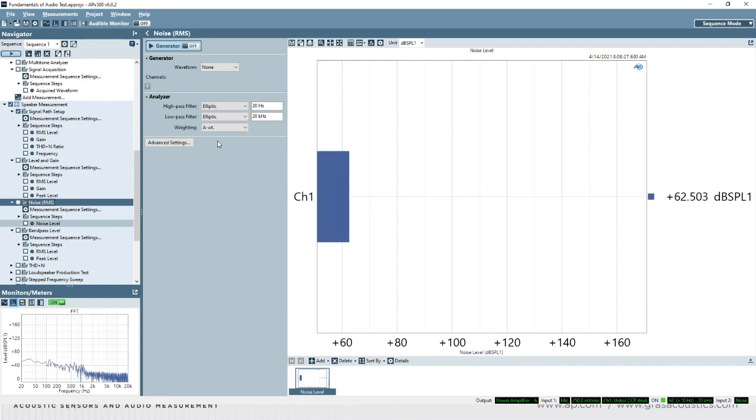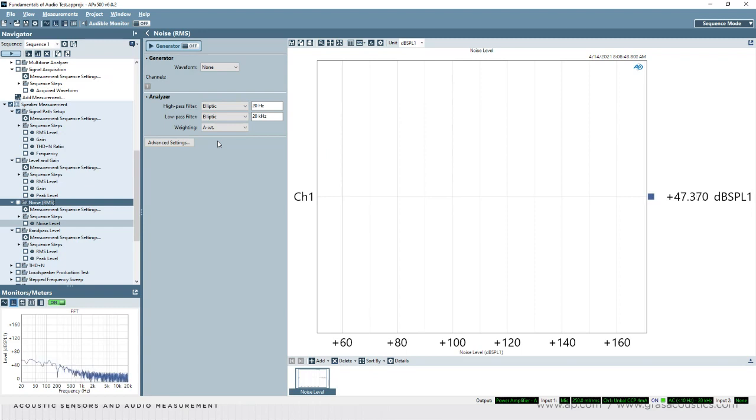So a device with a coherence of 1, or 100%, is a device where the output signal matches the input signal at all frequencies in both magnitude and phase.